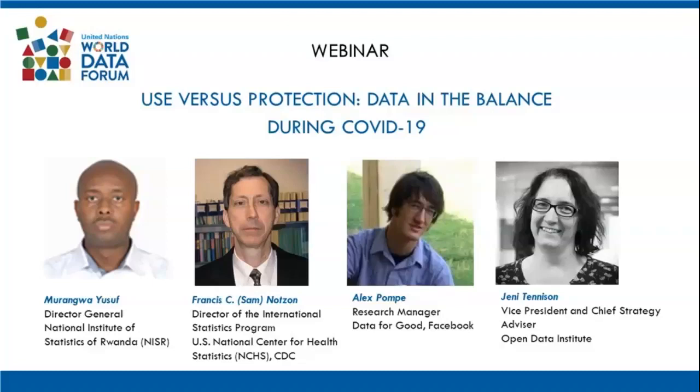So in our case, for example, in Rwanda, the statistics law is very good. I would say it's very empowering. It gives us access to any information that we want in the whole country. It removes all limitations on confidentiality if we ask for that information. So that puts us in a very strong position to get information.